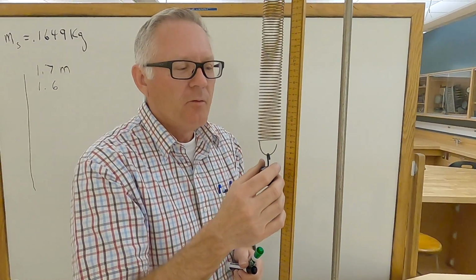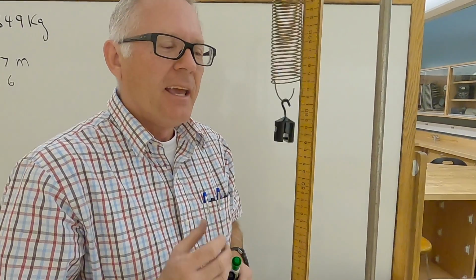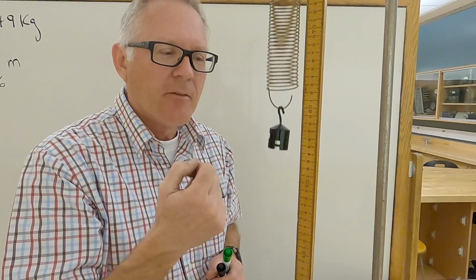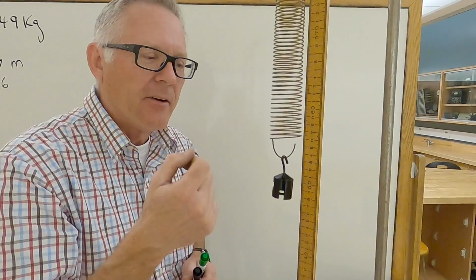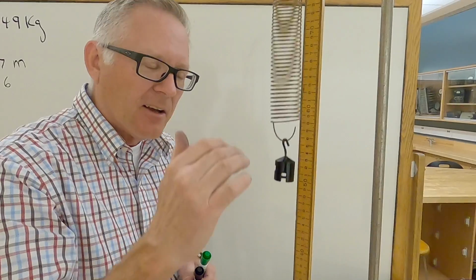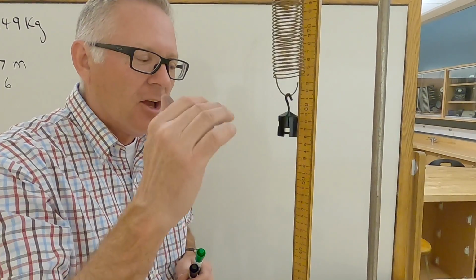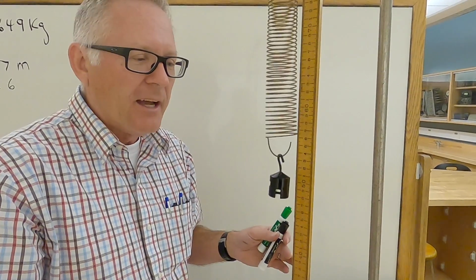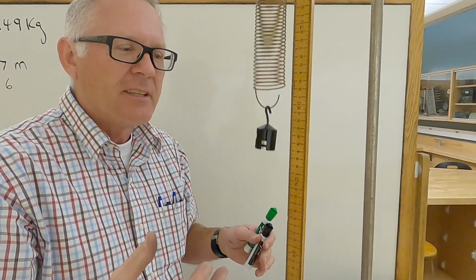Now we want to move this up and down, and measure the period of oscillation. Now you could just say start, stop, and get the period, but that's not a very good way. We would be much better measuring the period for 10 oscillations and dividing it by 10. So get out your phone and put it on the stopwatch, and you're just going to measure 10 oscillations.